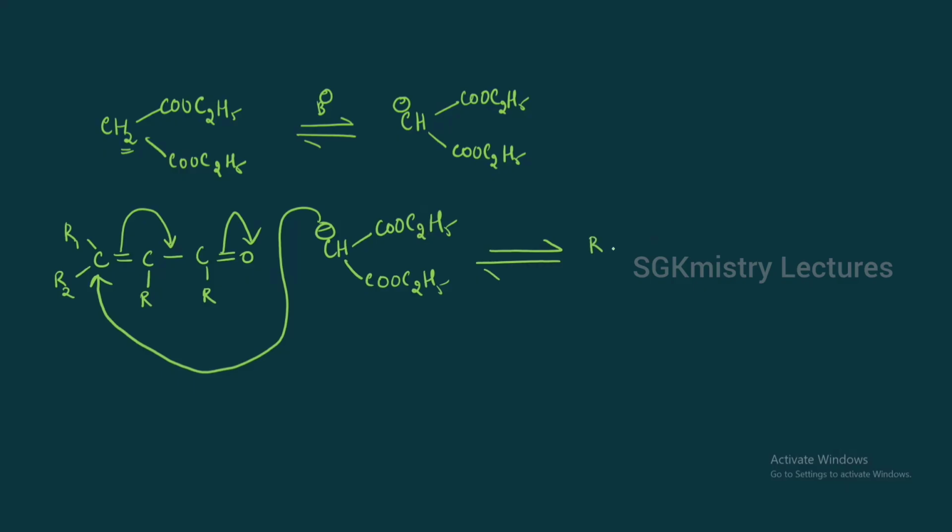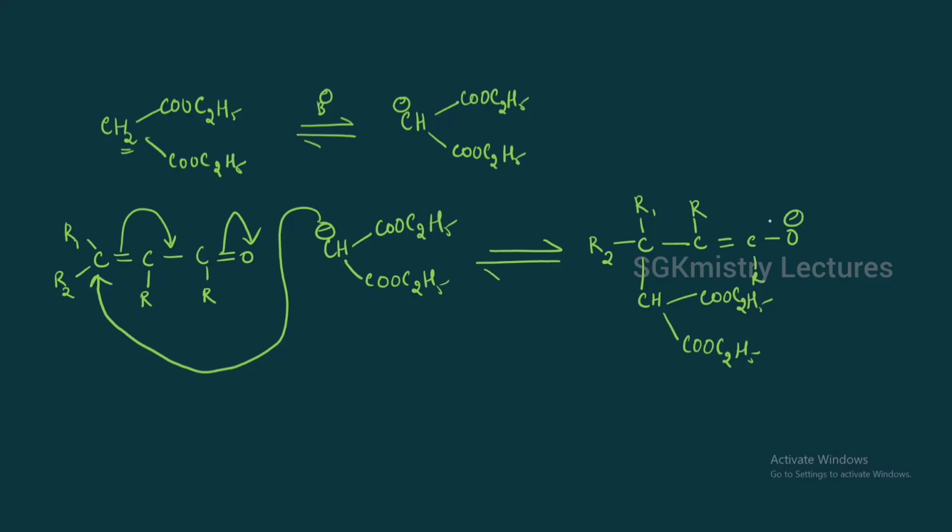One more thing you need to remember. Now R1, R2. Here the carbon becomes a single bond. The CH group is attached along with COOC2H5 and COOC2H5. Now there is a carbon attached to this carbon, with R attached, and this became a double bond. Here carbon, again there is an R, and here this becomes a minus charge.